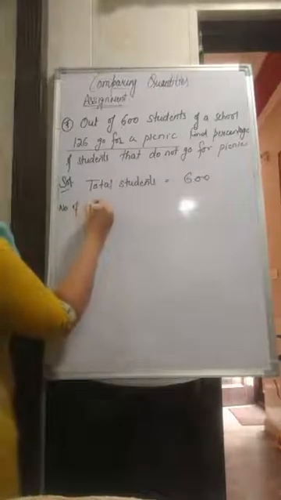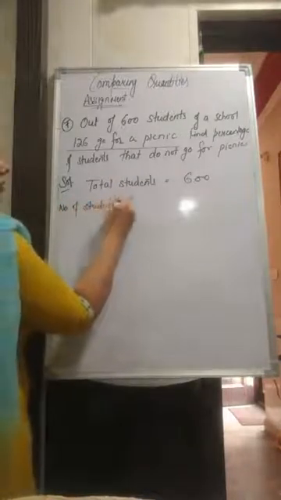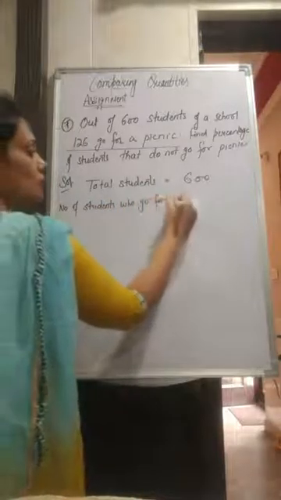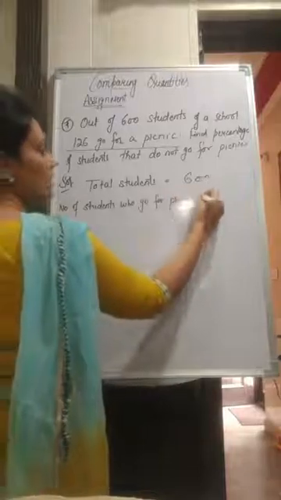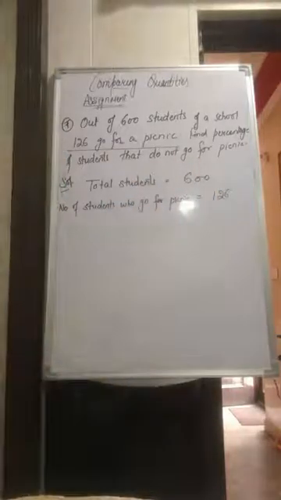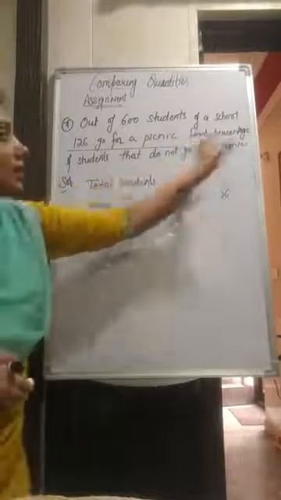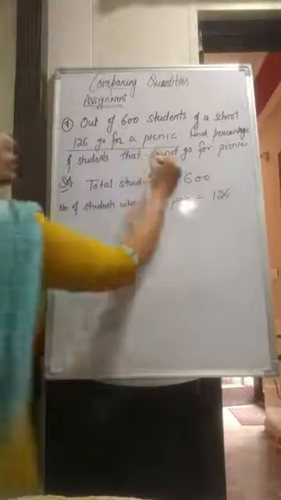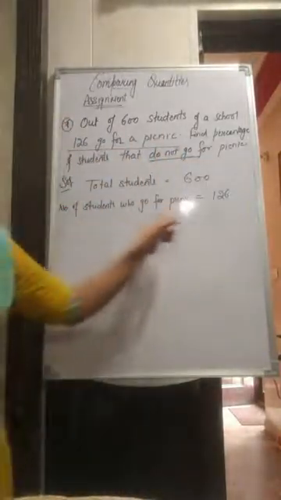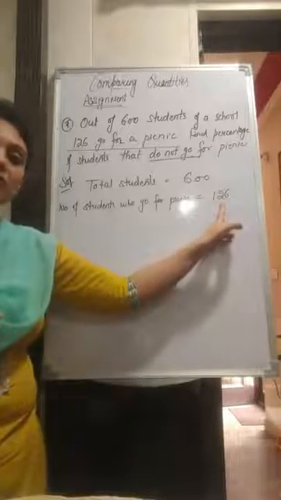The number of students who go for picnic is 126. Now what we have to find? We have to find the percentage of students that do not go for picnic.